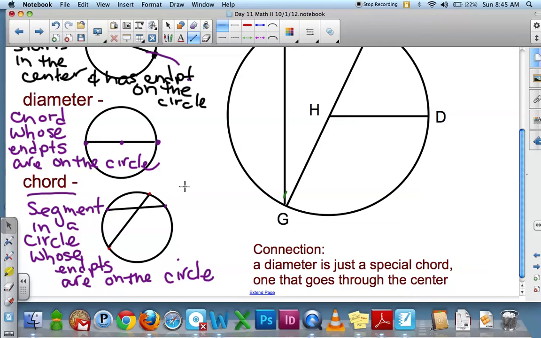So the chords can intersect, and again we'll look at different types of chords. The one connection that I really want you to make at this point is that the most common chord that we have is a diameter. The diameter is your special chord that we know.